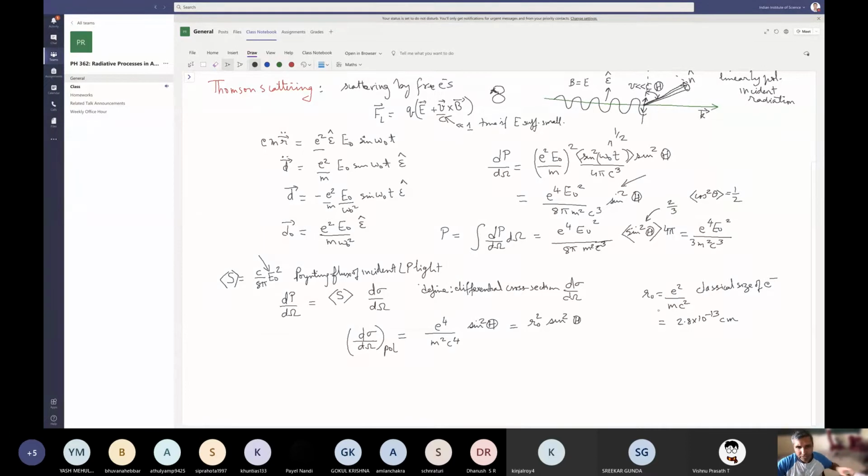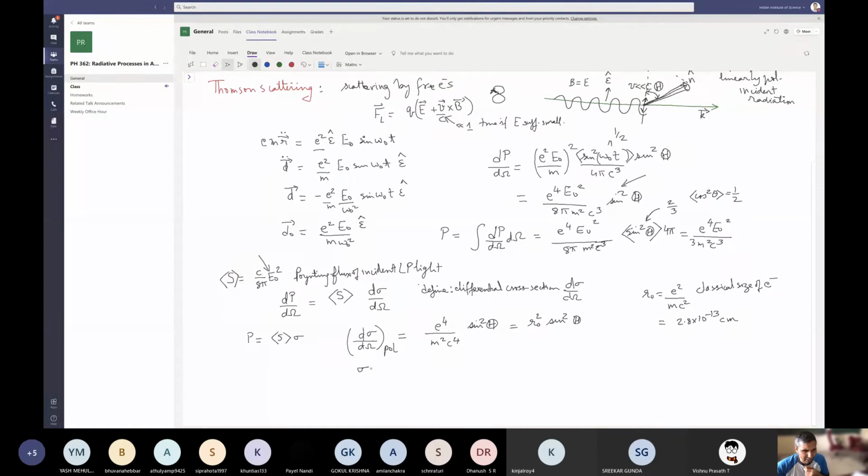So this is your differential cross section. What about sigma? Just like this, you have total power equals flux times the cross section, or this is how you define the total cross section as opposed to the differential cross section.